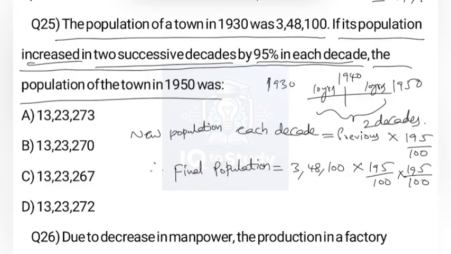That is equal to 3,48,100 into 3.8025, which is equal to 13,23,650.25.